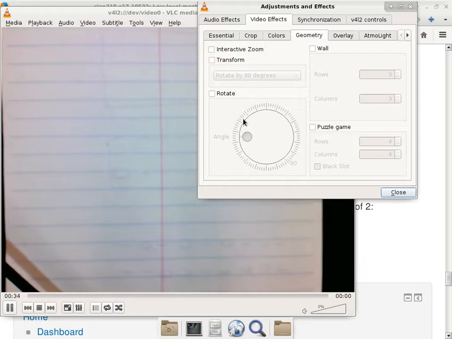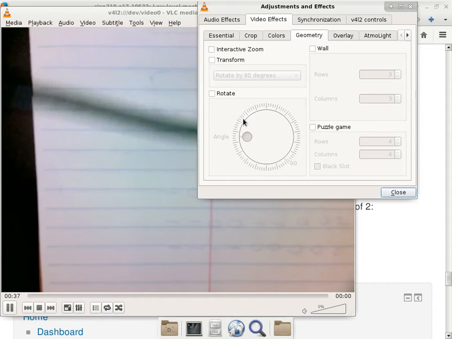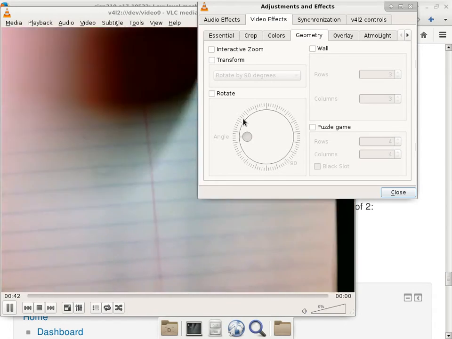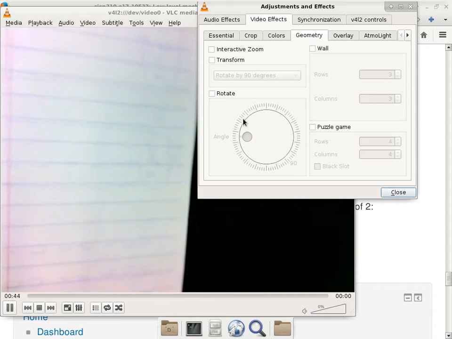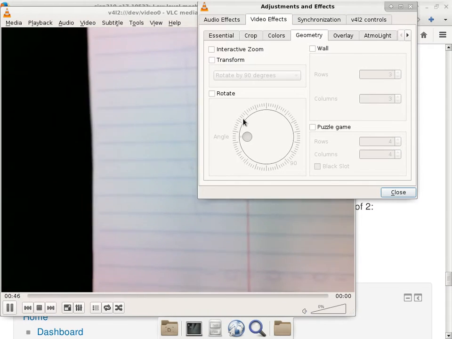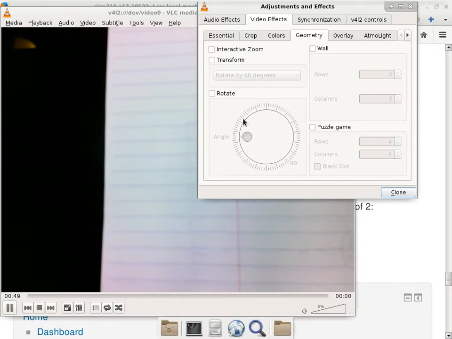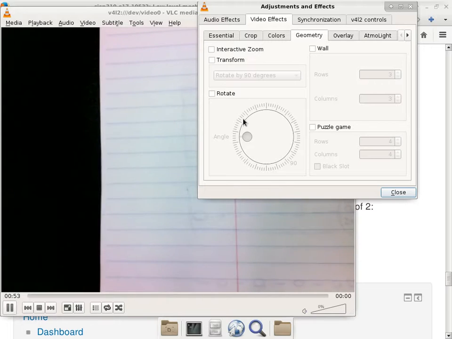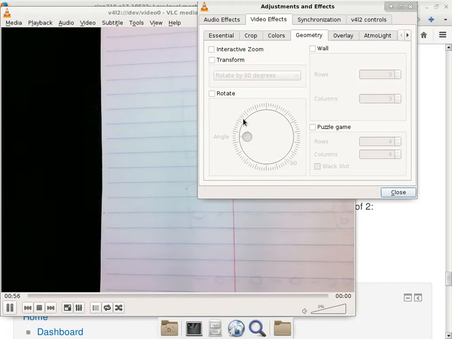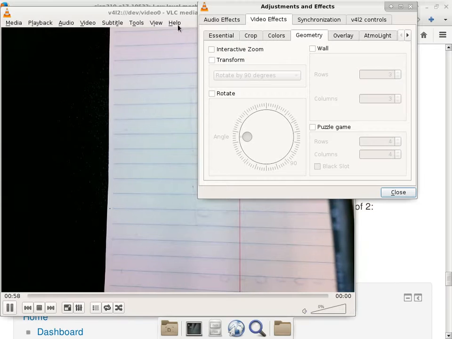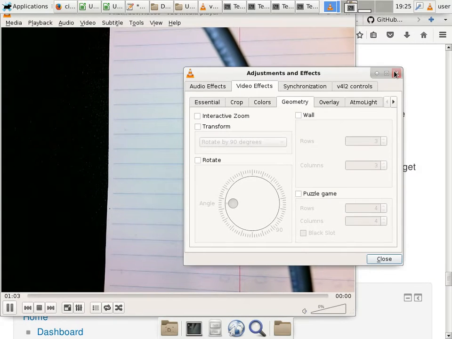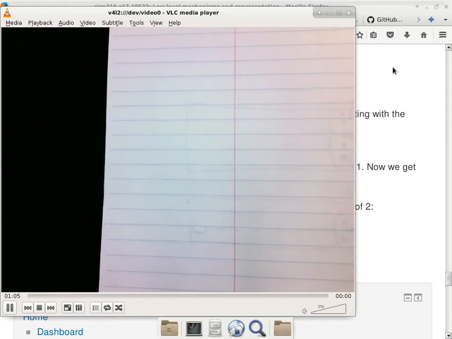Okay, I see. So, okay, I want it to be in landscape orientation. Better cord management.